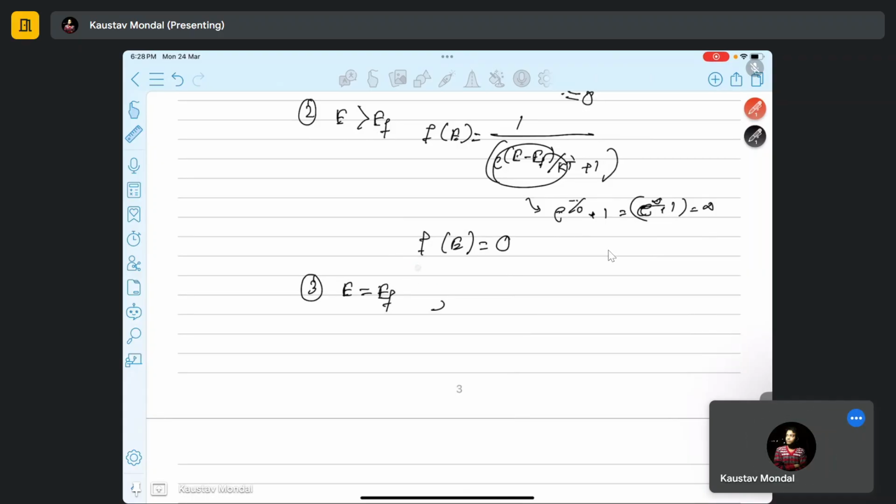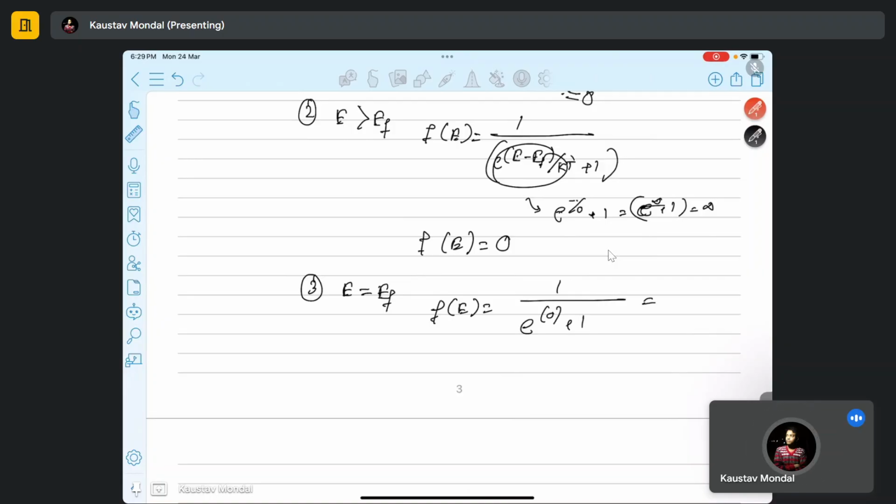F will be simply 1 by e to the power 0 by kBT, which basically gives you e to the power 0 plus 1.